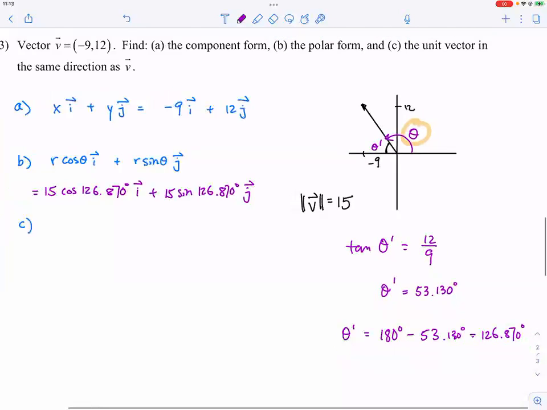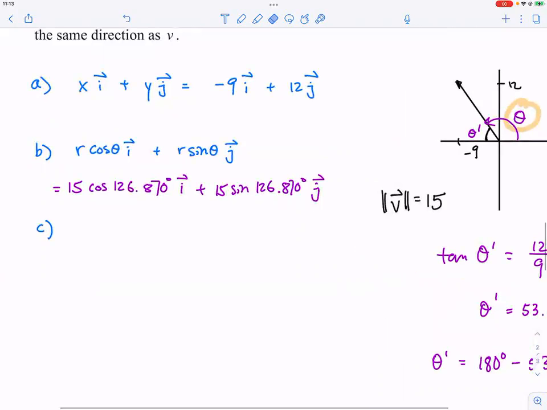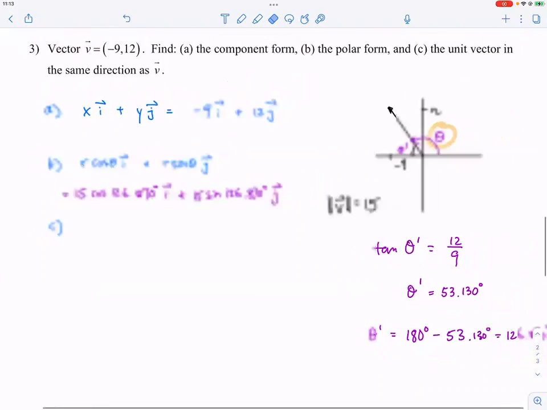So for polar form, we will leave the value of r there. We will leave the value of theta there. If you actually compute this part, that will give you -9. You can try it. I would suggest you try it so that you can see how they're equivalent to each other. Okay, just a different kind of expression.